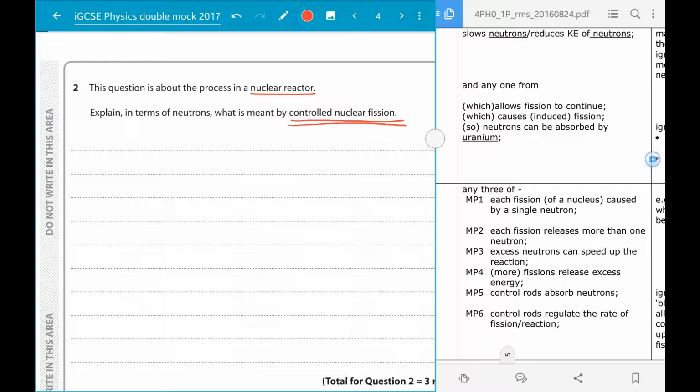So the things that you could have said are: each fission is caused by a single neutron. So you could say a neutron goes into or hits a nucleus, and that would have got you the first mark.